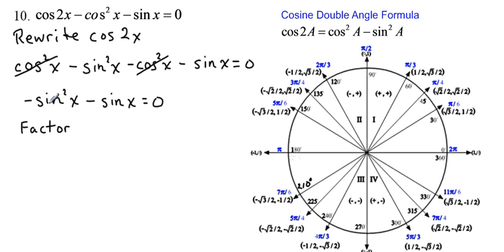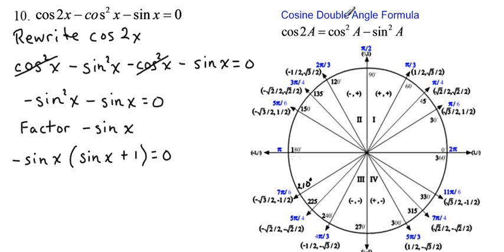We have to factor because, once again, we have a sine being raised to an exponent. Now, what we'll have to do, though, is factor out a negative sine x. Now, when we do that, let's write negative sine x and then a parentheses. If we take negative sine x out of negative sine squared x, we are left with sine x. If we take a negative sine x out of negative sine x, we are left with a plus 1.